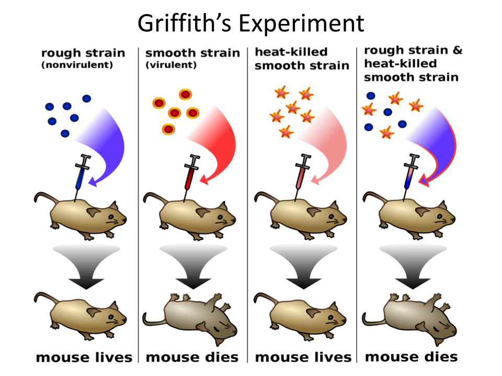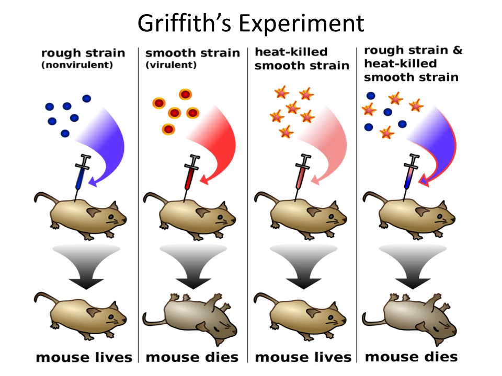And that's what we expect, because we know that's what the bacteria does. So then he heat killed the smooth strain, so that bacteria was dead, and injected it into the mouse, and the mouse lived. So he showed that the heat-killed smooth strain was safe for the mouse.